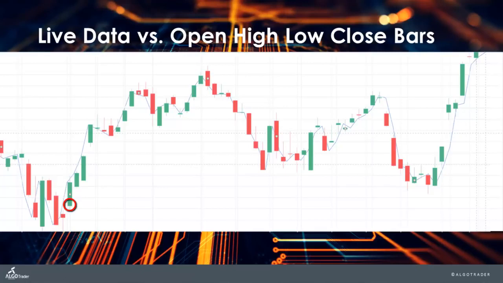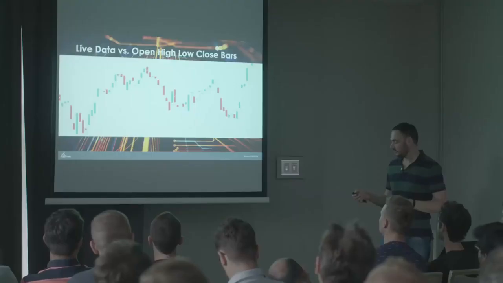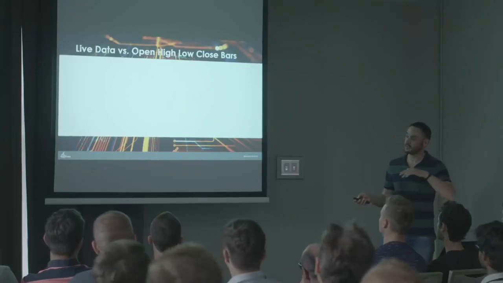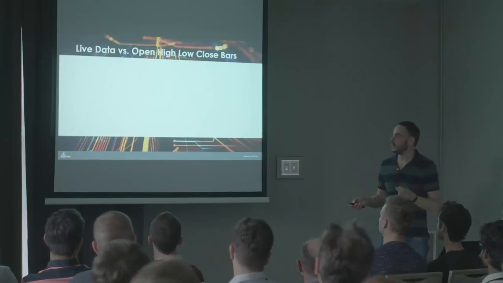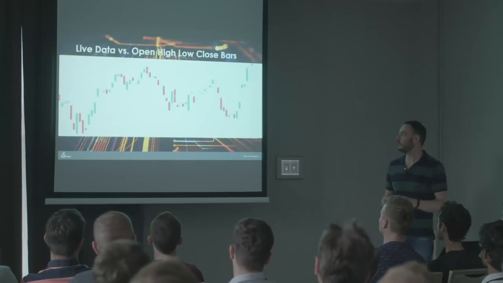This symbol represents the opening price during those 10 seconds, the closing price, the minimum, and the maximum. Every 10 seconds you create one of these bars or candles, as they're called, and that makes it much easier to trade. So very often you would first transform your live data into bar data.